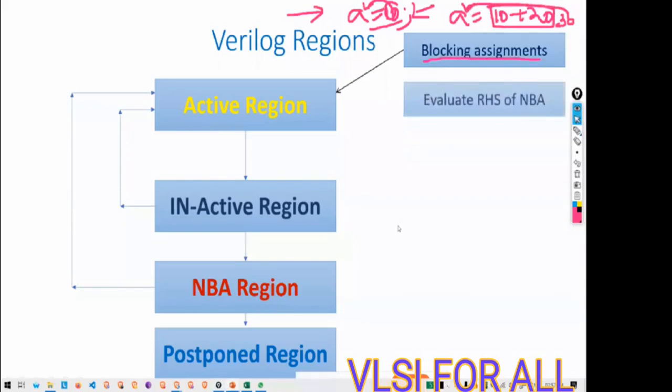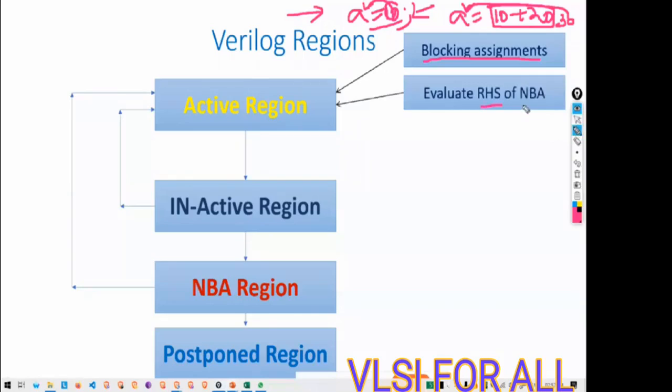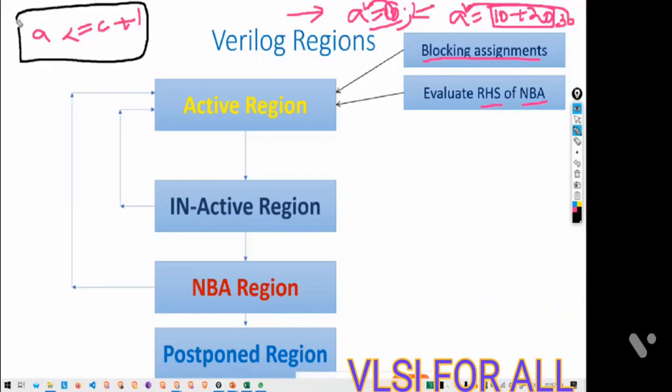Next, evaluation of RHS of NBA. Let's say we have A, B, A, C plus 1. Can you see what is the RHS of this expression? C plus 1.